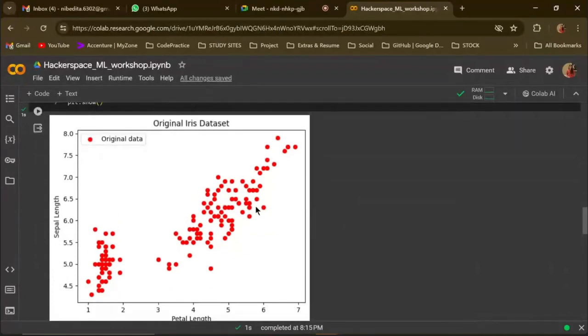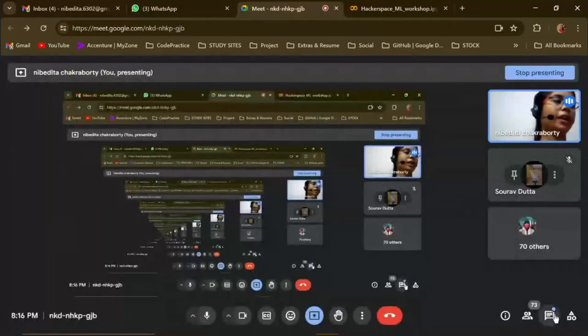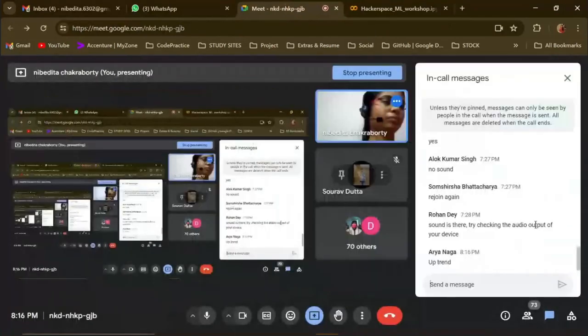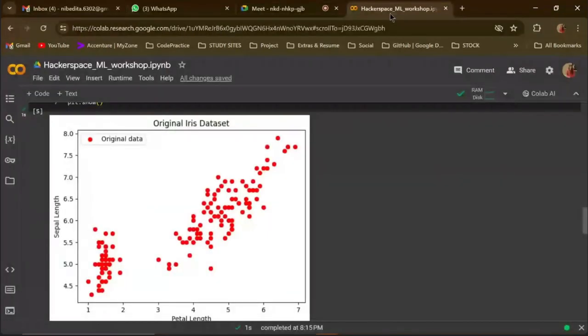Is anybody facing a problem with understanding the trend of data? You can write in chat if you want to. Anyway, I'll explain the trend again.